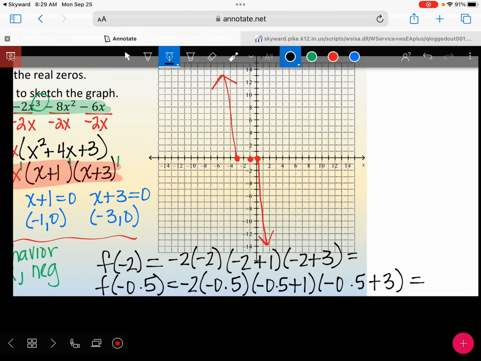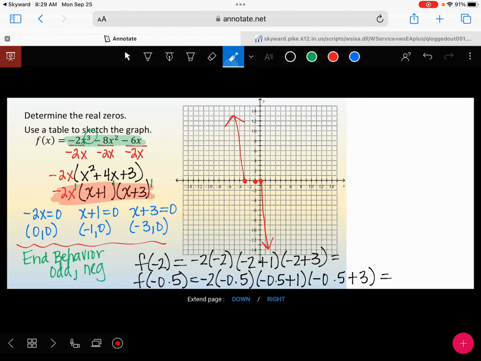Okay, so I knew that the 0 was going to go down because this here is negative. And whatever this sign is tells me what it does on the right. So if it was positive, it would have went up. But because that's a -2 in standard form, or even in factor form, I have a -2, my GCF was negative, then I knew the right arrow would go down. All right, pick up your calculators, see what you get.